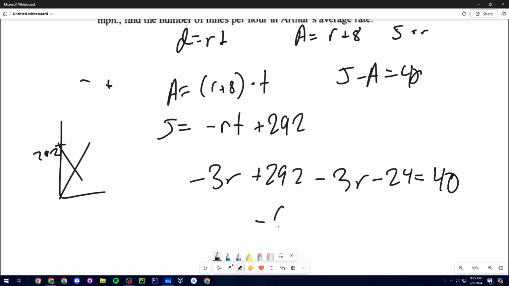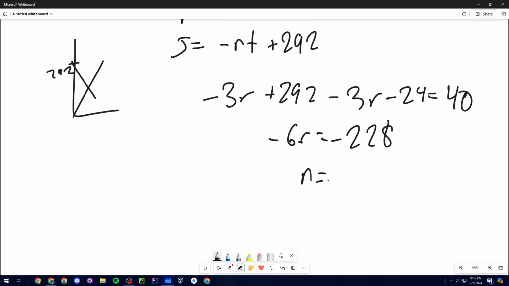And then negative 6R is equal to, I'm going to unplug my calculator from my computer, 40 plus 24 minus 292. Okay. And so that is equal to negative 228. Then solving for R gives you 38.